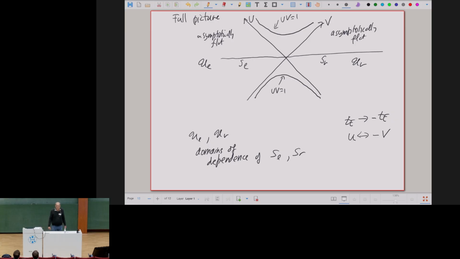And you can see that the outside-the-horizon regions that I've called UL and UR are now the domains of dependence of SL and SR. So we can reinterpret what I called rho L and rho R as the density matrices for UL and UR.